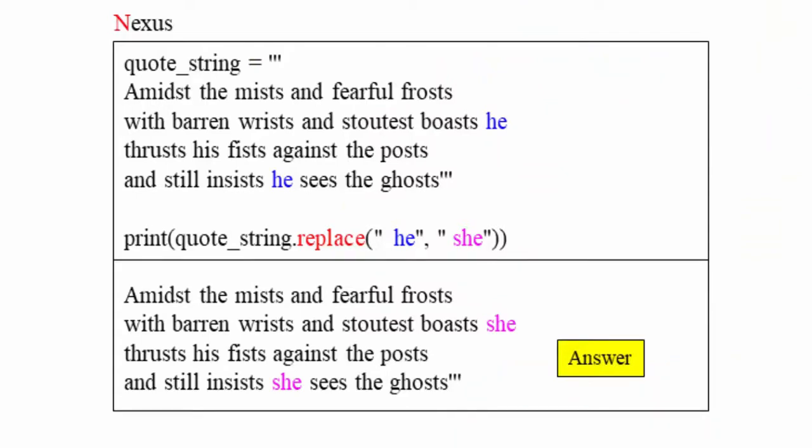We're going to replace he with she. Here's how it's done. So I print the quote string, replace he with she, and amidst the mists and fearful frosts, with barren wrists and stoutest boast, she thrusts her fists against the post and still insists she sees the ghosts.